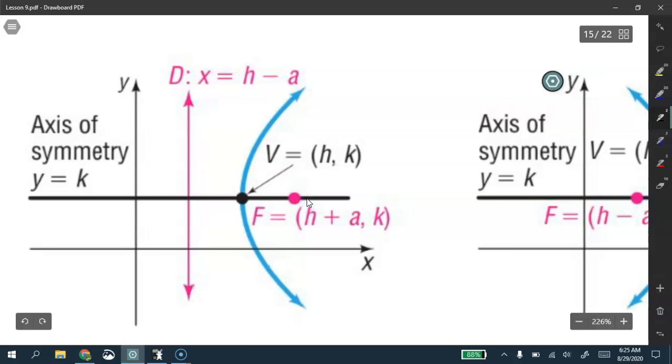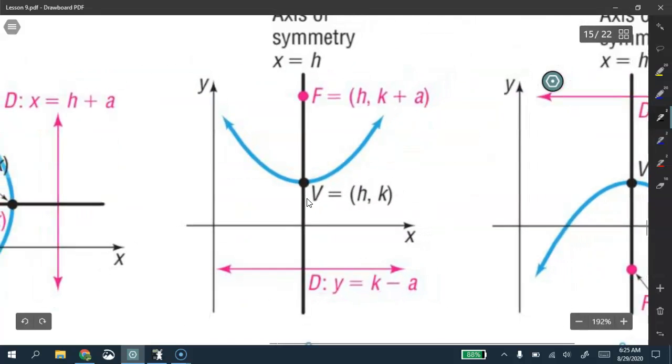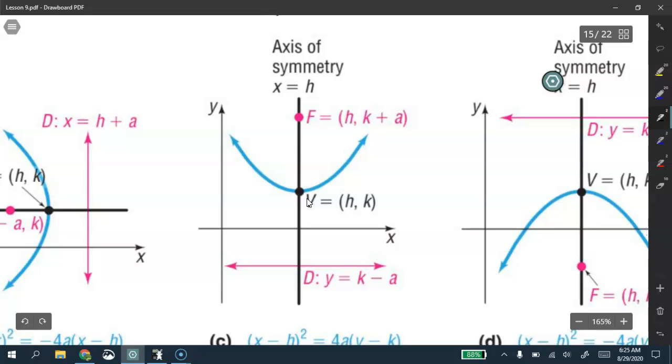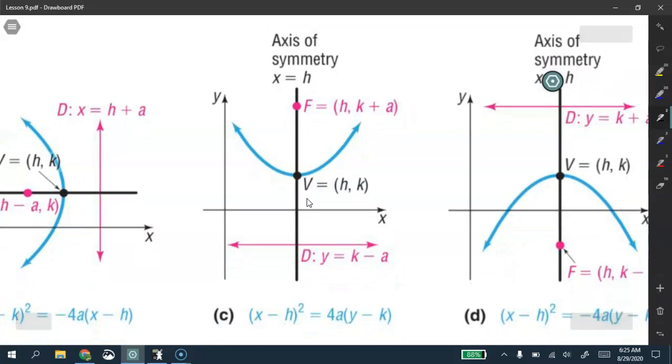So let's take a look at the first one. Actually, when I say first one, let's go to the easiest one first, the one that opens upward. So here is a parabola that opens upward, and we're looking at diagram C specifically. Let me label it first: opens upward.